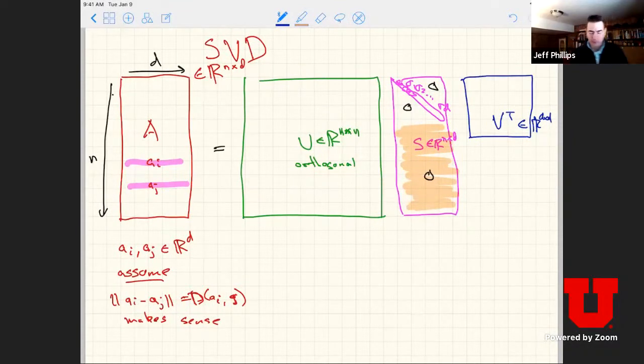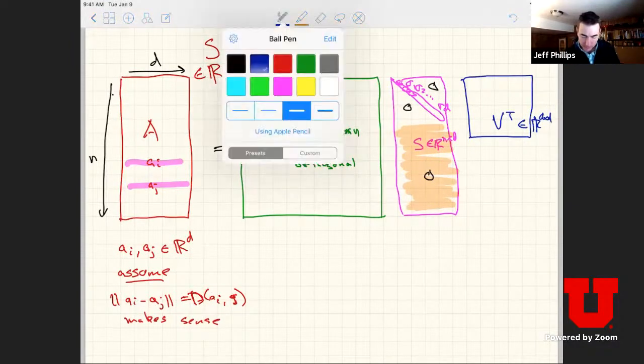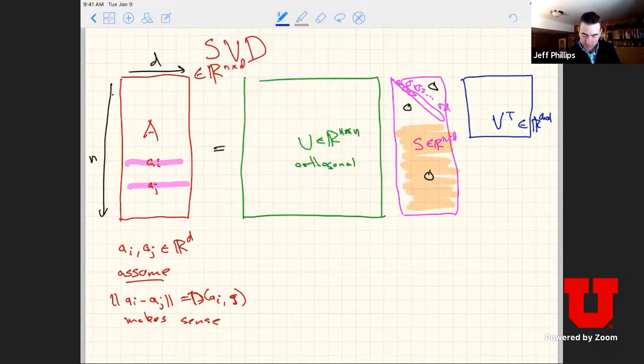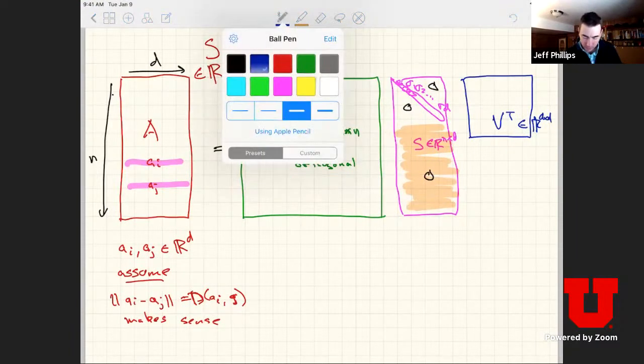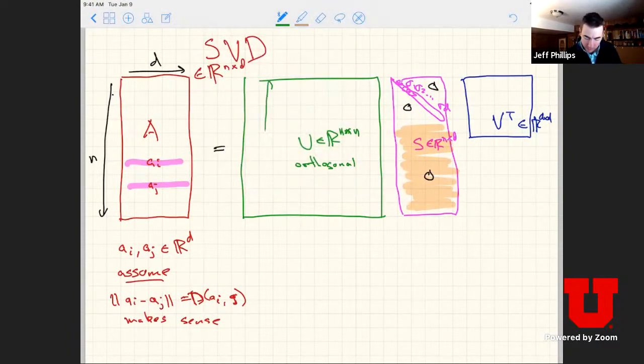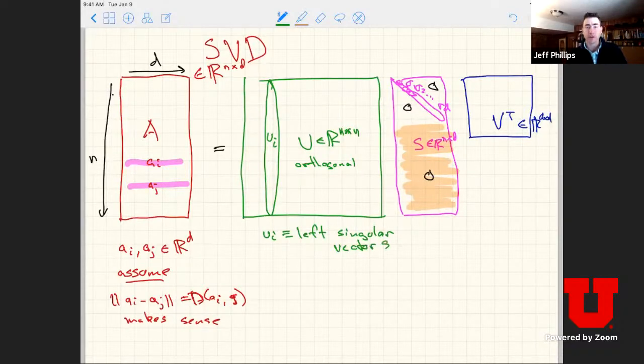So first I want to label these things a bit more. The columns of U, call these U_i. These U_i are called the left singular vectors.